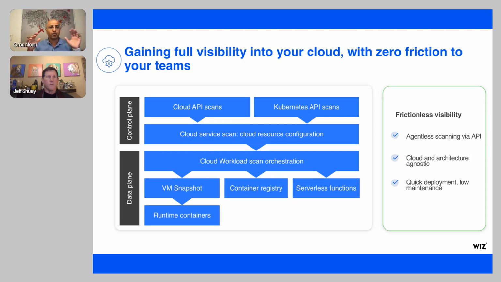The first thing we do is connect to your native API and fetch information about all the data that exists there: VMs and their configuration, backend configuration, all of your network, Kubernetes, serverless, each one of the architectures, each one of the compute and all the cloud resources. We call this native API, and it gives us this visibility. Then we understand the entire picture of the configuration.